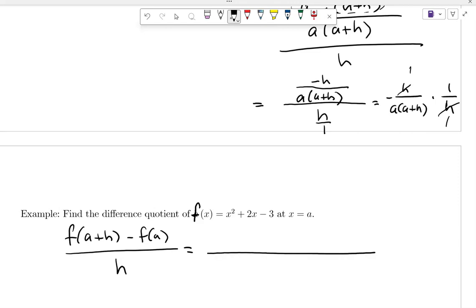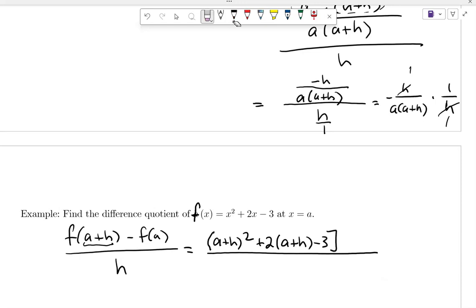Again, remember, this means to do what? What do I do with this a plus h? Plug it in for x. It does not say just stick a plus h on the end. So we would have the quantity a plus h squared plus 2 times a plus h minus 3.